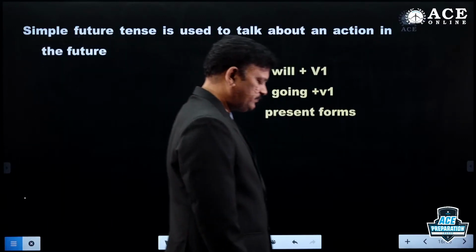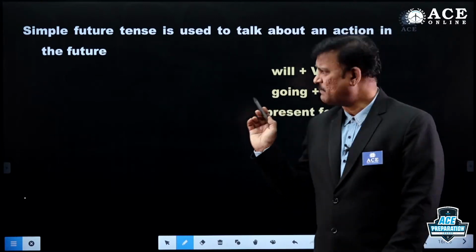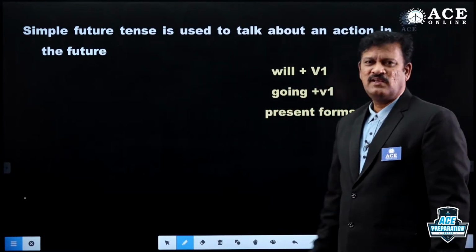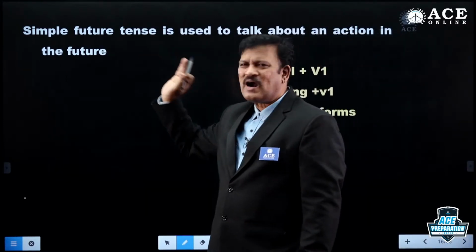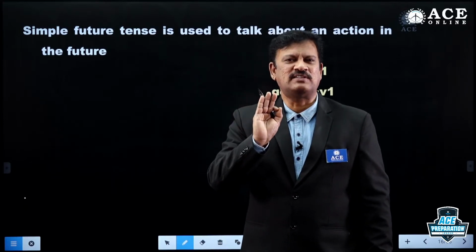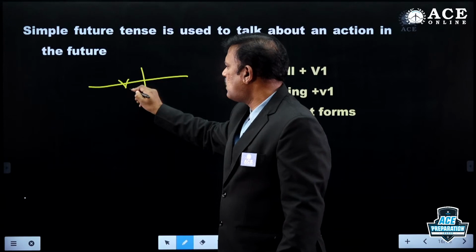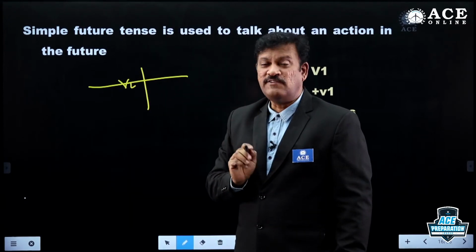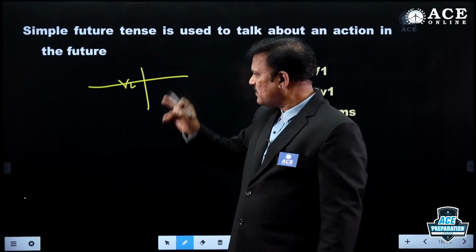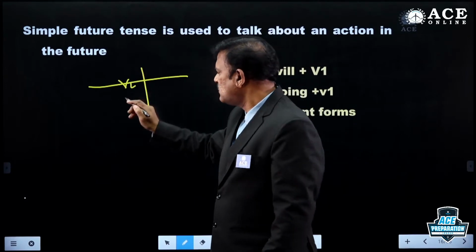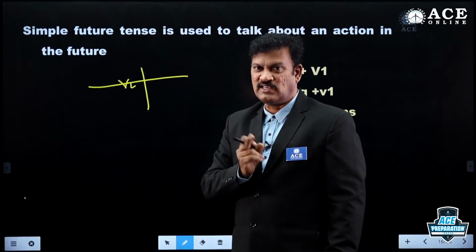Fine. Let me summarize, then we'll go for this one. Past is, I would say, easier than this. V2 form, only one action. If you have 2 actions, one of them should be V2. V2 plus, before V2, had plus V3.